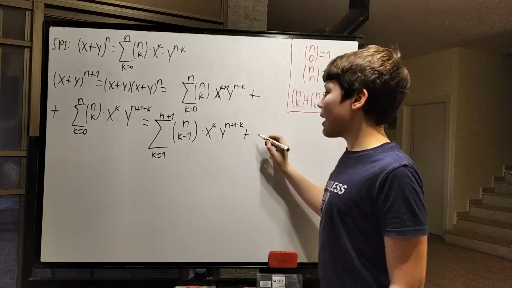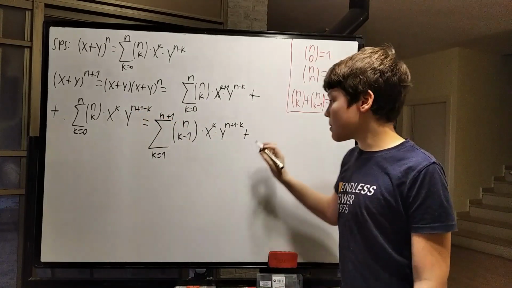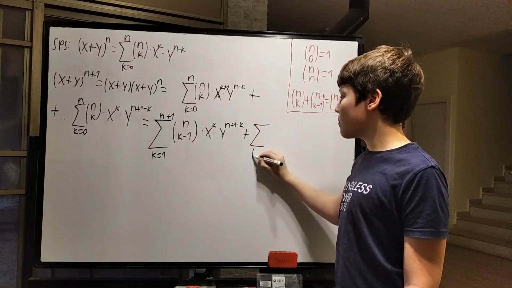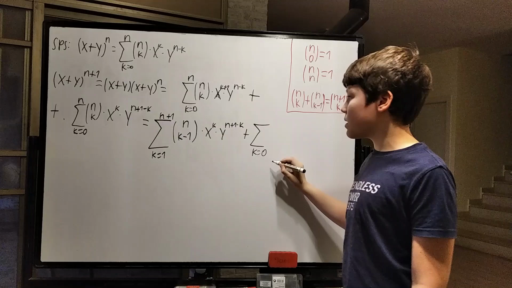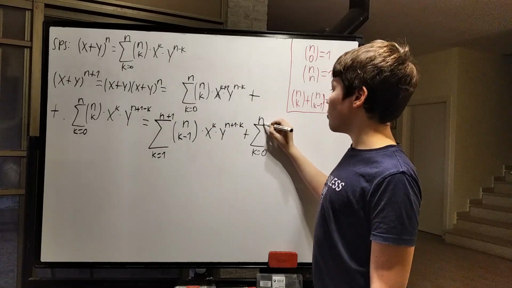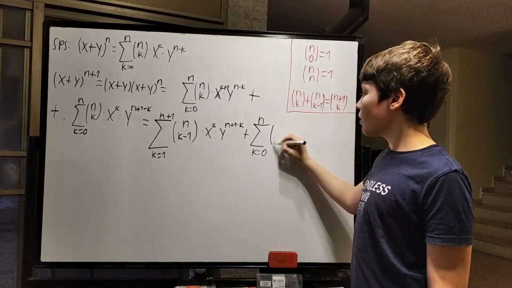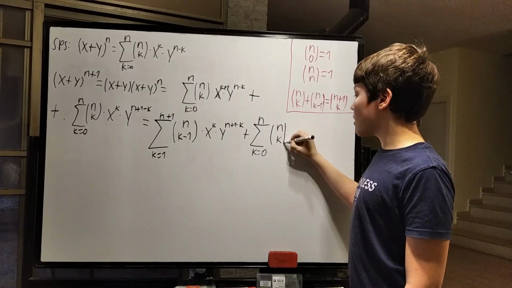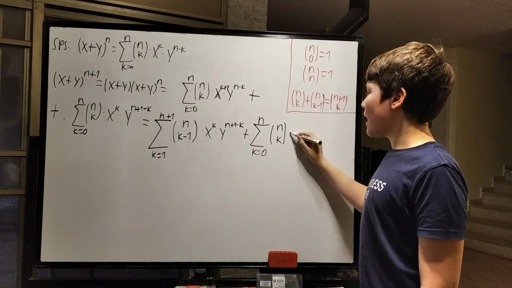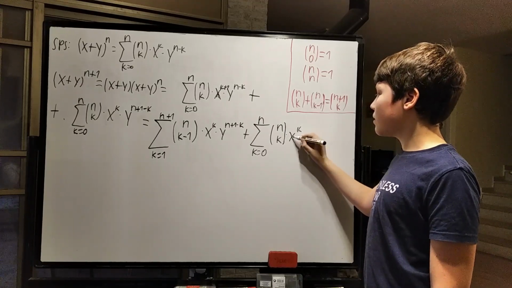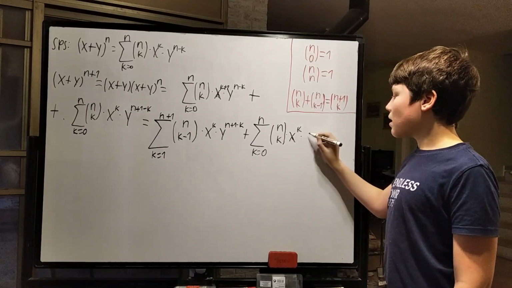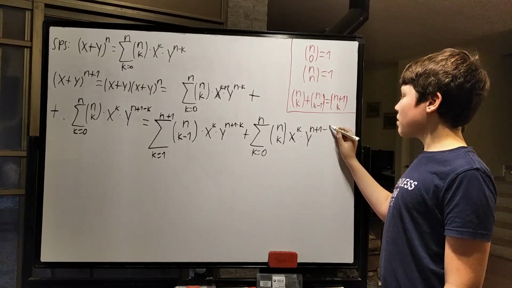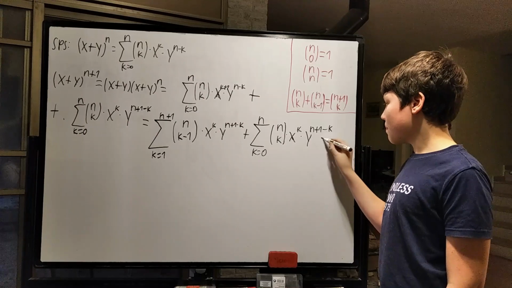And then we still have plus this, so plus the sum as k goes from 0 to n of n choose k times x to the k times y to the n plus 1 minus k.